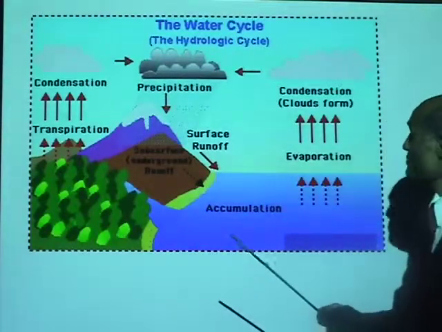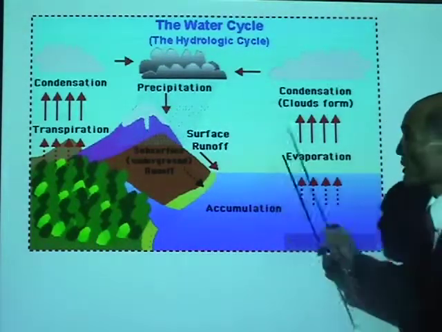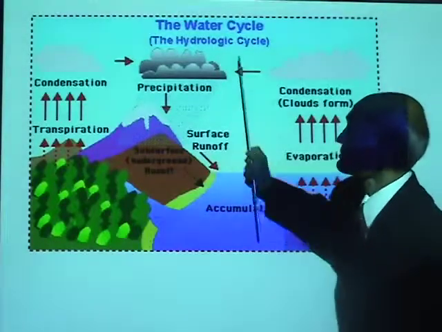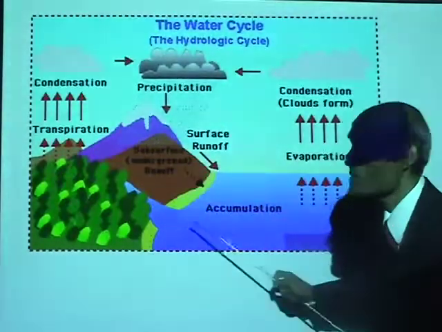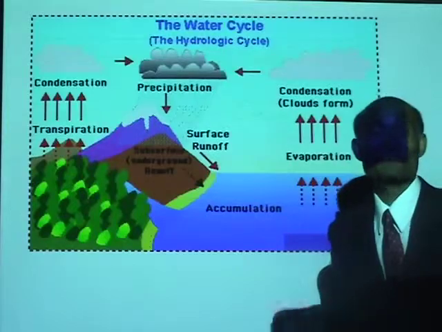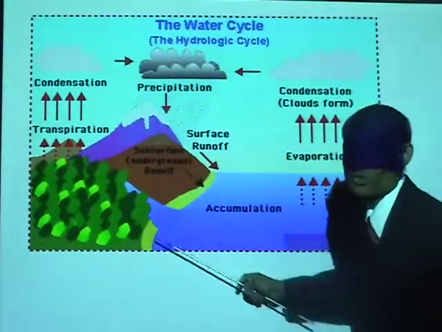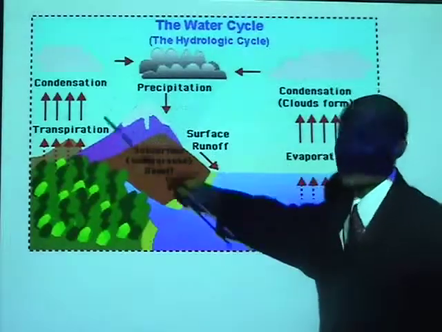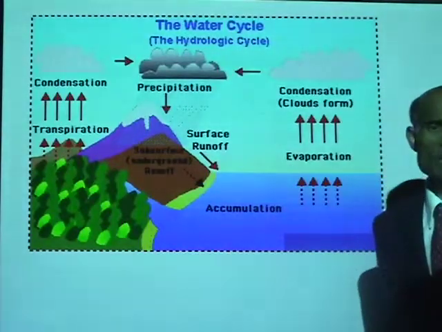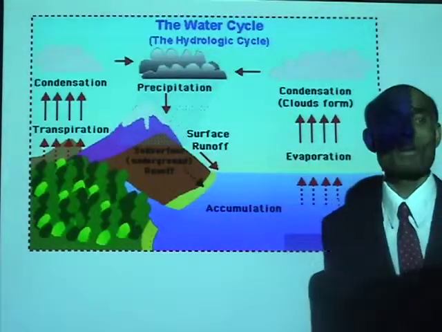Well, not really so. Why not? Because the freshwater supply is continuously being replenished and rebuilt by the hydrologic cycle. We talked about the hydrologic cycle in a former lesson.